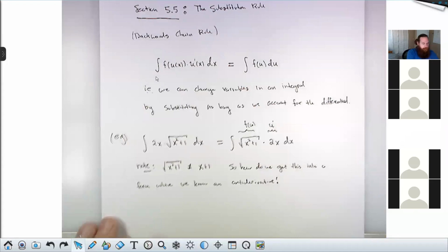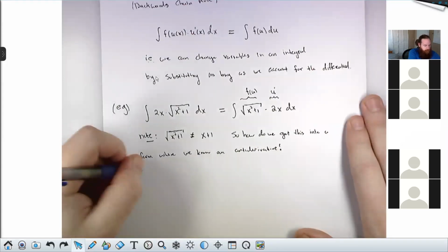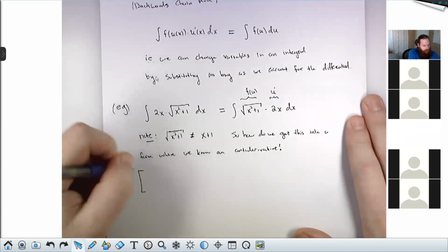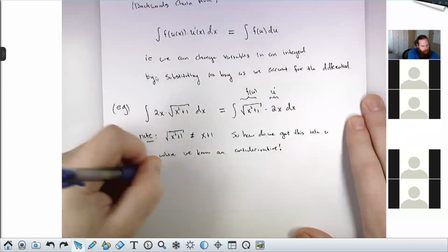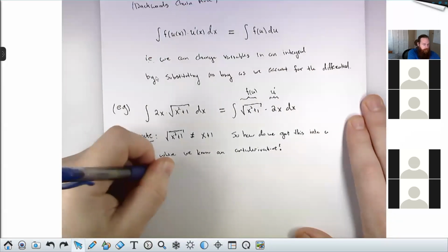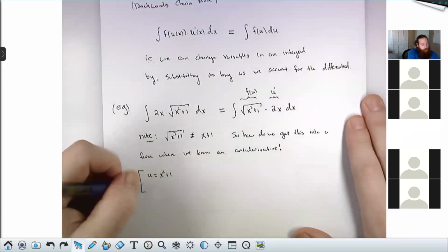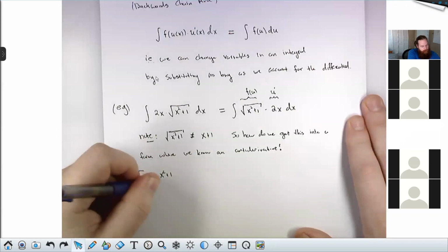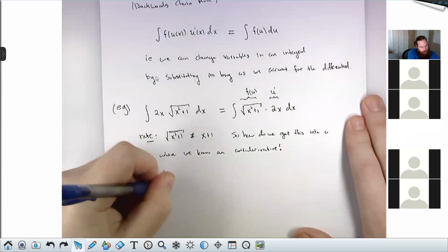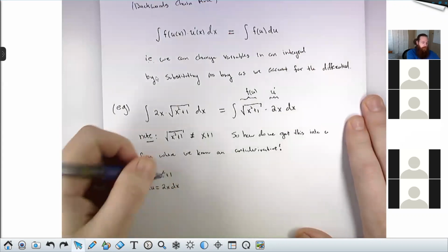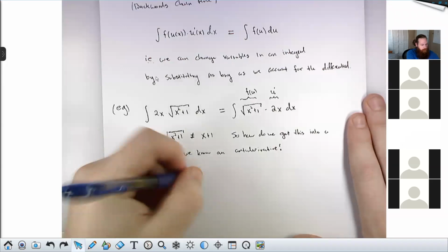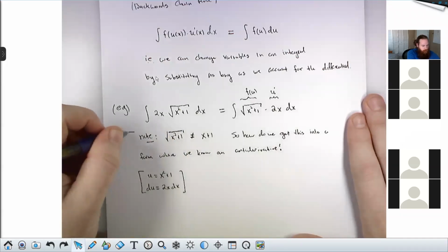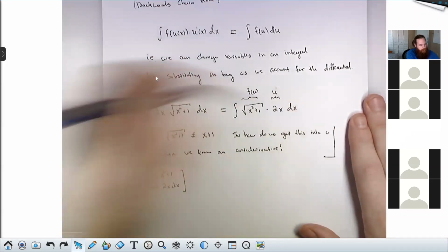So here's how we do it. I make the substitution u equals x squared plus 1. And when I do that, I need to calculate du, which is 2x dx. And then, this is just a note, so let's get this off to the side.